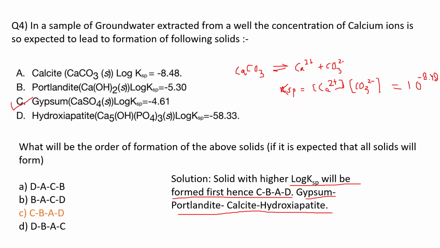This is the sequence of formation of the compounds. Gypsum has the highest log KSP, if we consider the minus sign also. When we write it in terms of KSP, it will be 10 raised to the power minus 4.61. So it will be formed first.